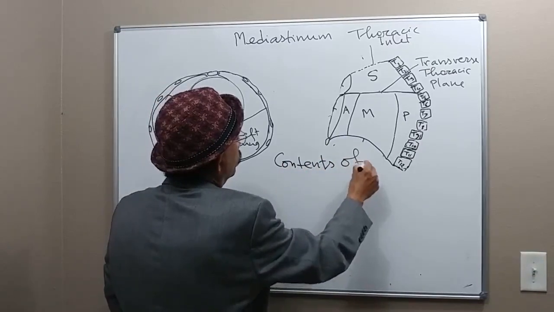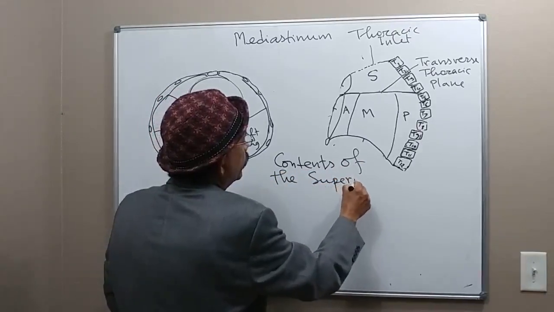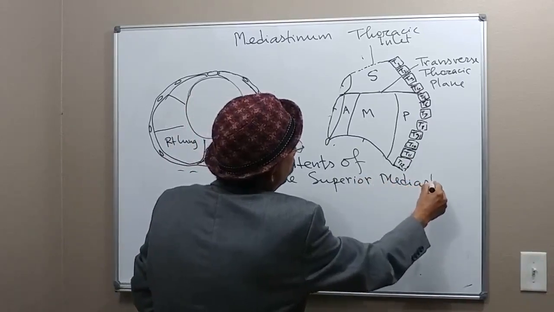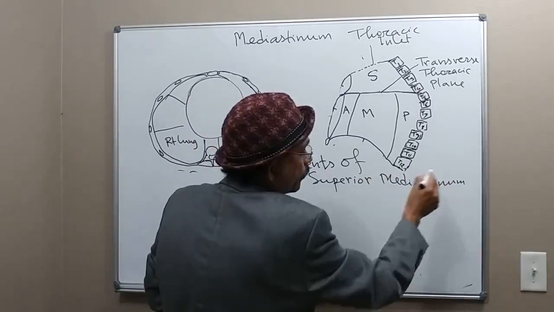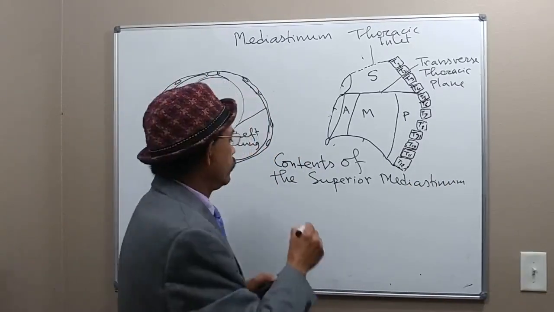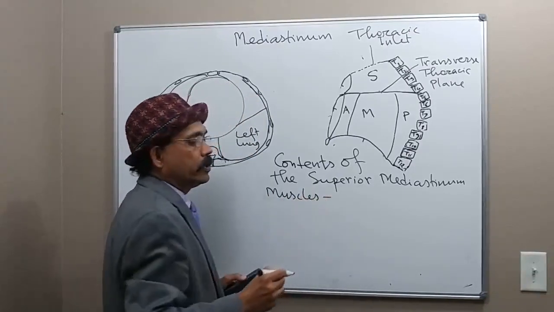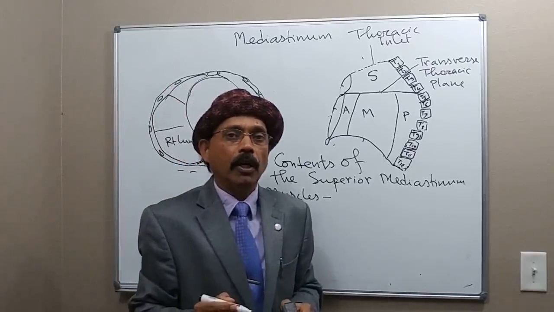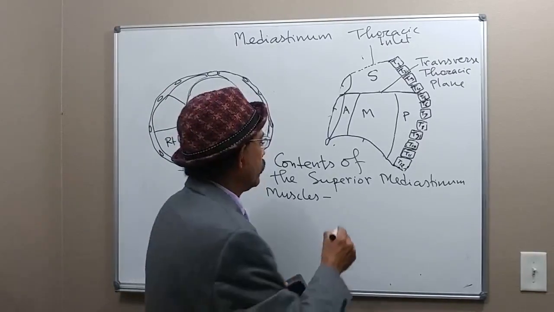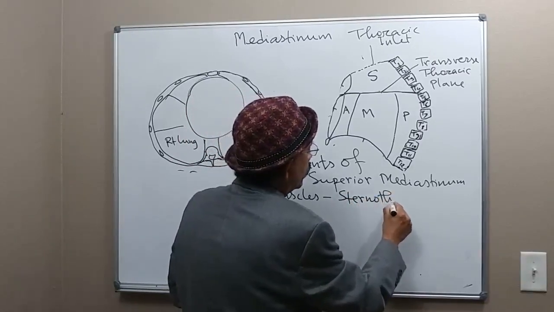Contents of the superior mediastinum. So we have muscles there. What are the muscles? We have the sternohyoid, sternothyroid, and longus colli muscle.